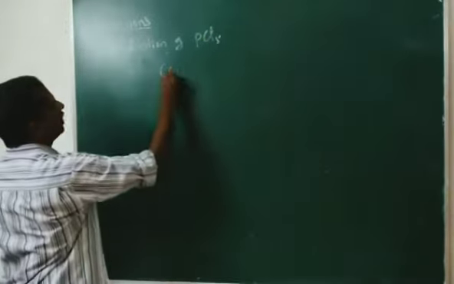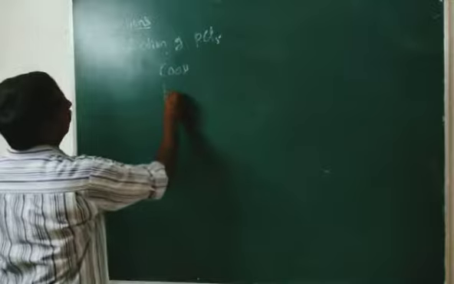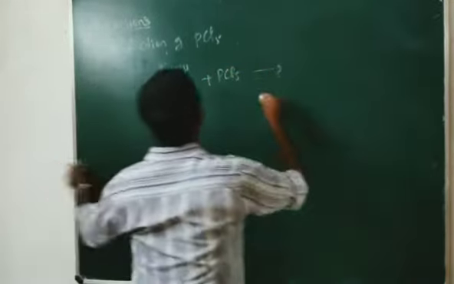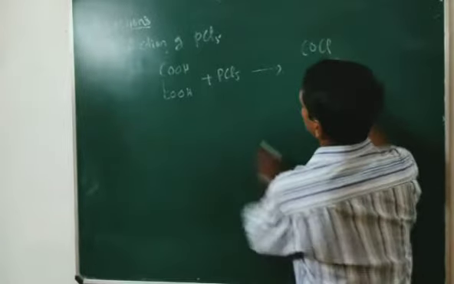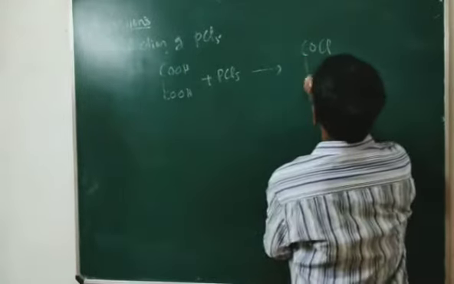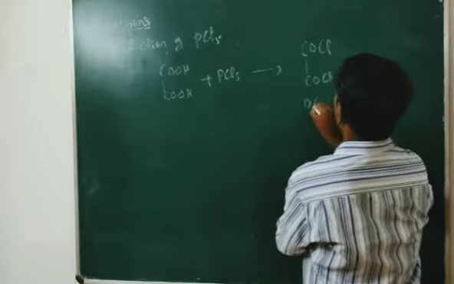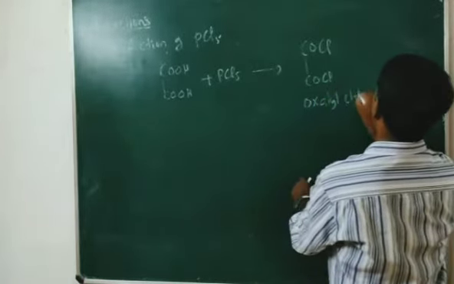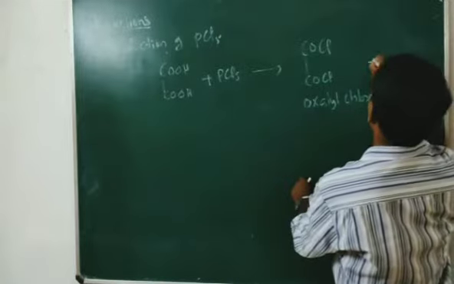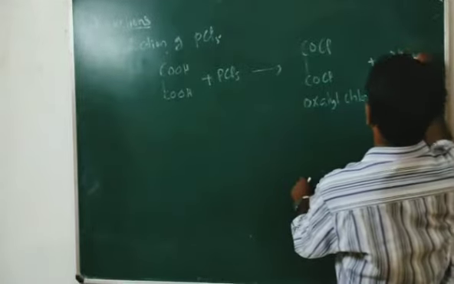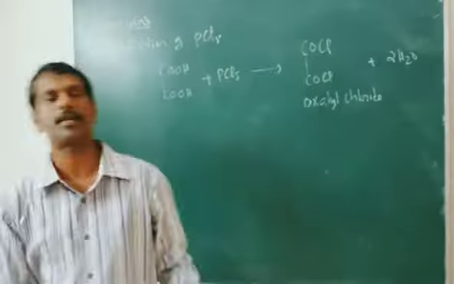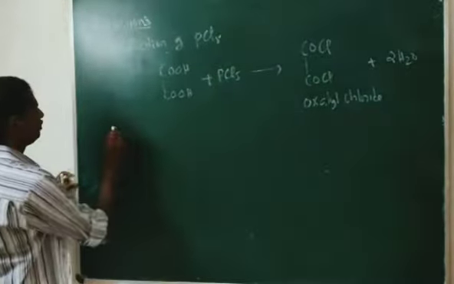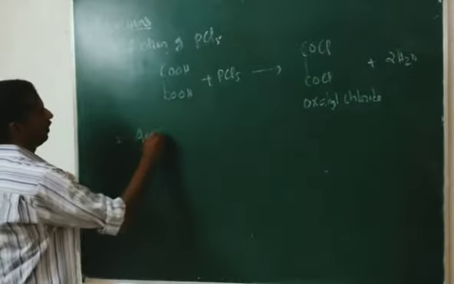When oxalic acid, COOH, COOH, reacts with PCl5, we get COCl, COCl. This is known as oxalyl chloride. Anyway, oxalic acid reacting with PCl5 gives oxalyl chloride.